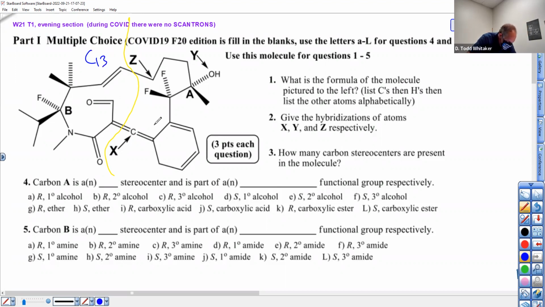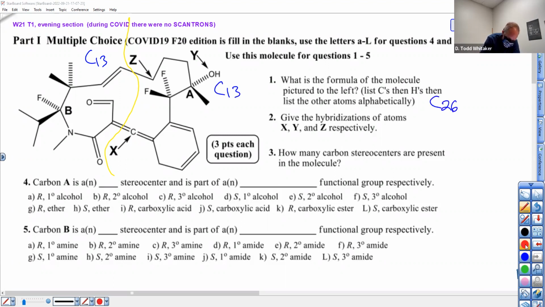Right side, starting top left. 1, 2, 3, 4, 5, 6, 6 more in the ring. 12, 13. 1, 2, 3, 4, 5, 6, 6 more in the ring. 12, 13. C13. So C26.